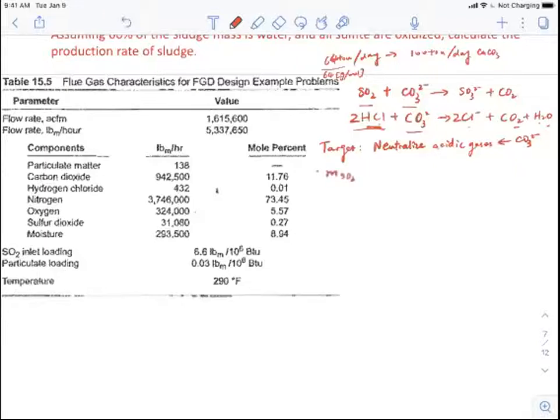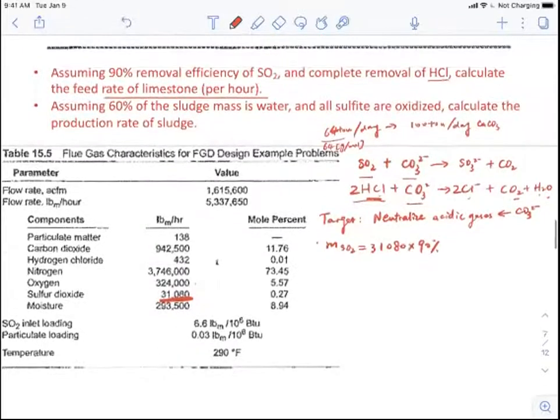For example, the mass flow rate of sulfur dioxide is by using this value here, 31080. And our goal is to neutralize 90% of the sulfur dioxide. Remember, 90% removal efficiency of the sulfur dioxide.